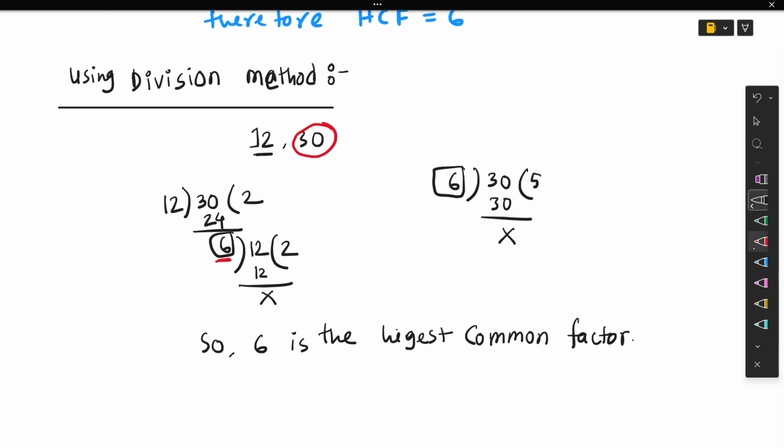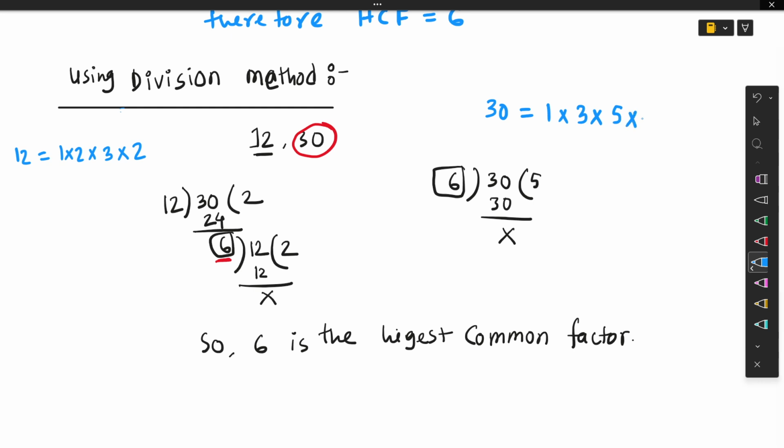Now let's explain this. You can see that when we are dividing these values, 12 can be written as 1 times 2 times 3 times 2 again, and 30 can be written as 1 times 3 times 5 times 2.